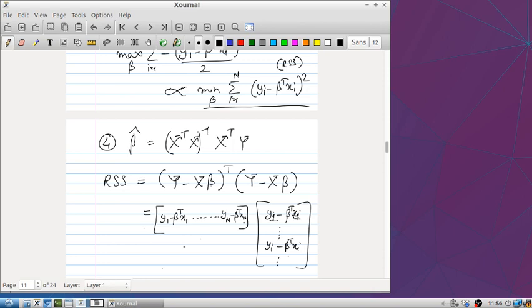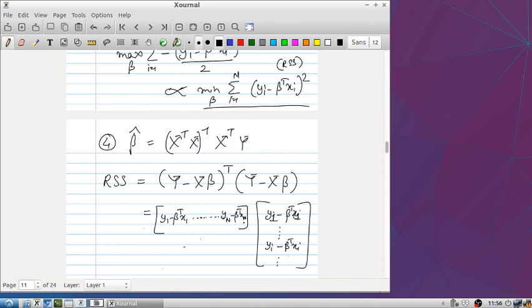So y is n rows and 1 column, this is n rows and p columns, this is p rows and one column. So this whole thing is n rows and one column. It's a tall vector with n rows and one column, and each element of that vector is yi minus beta transpose xi. The first one is y1 minus beta transpose x1, the ith one is yi minus beta transpose xi, and the last one is yn minus beta transpose xn.